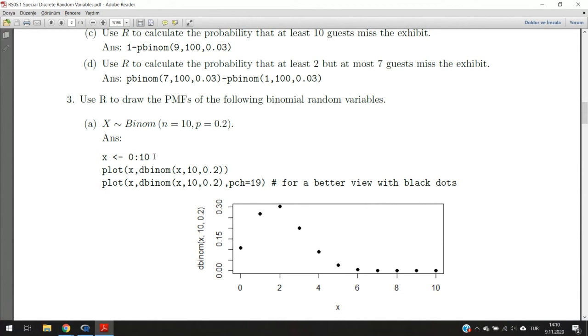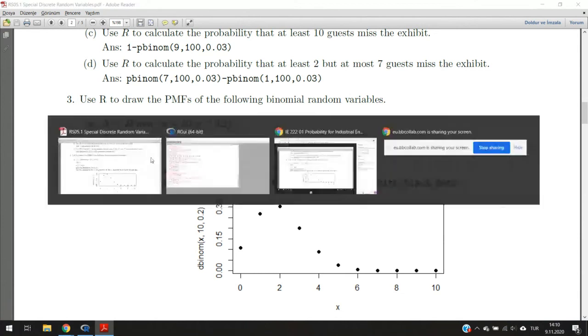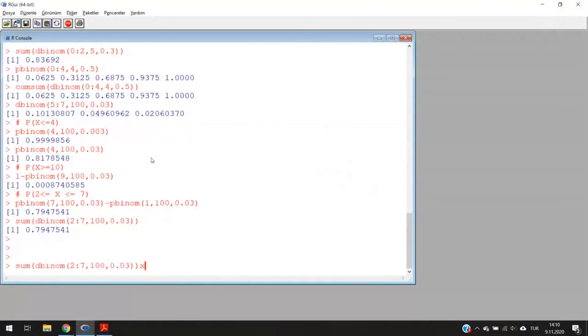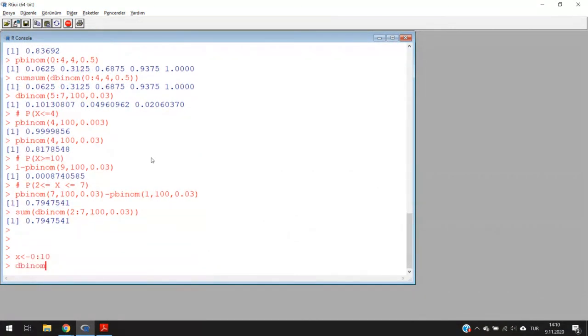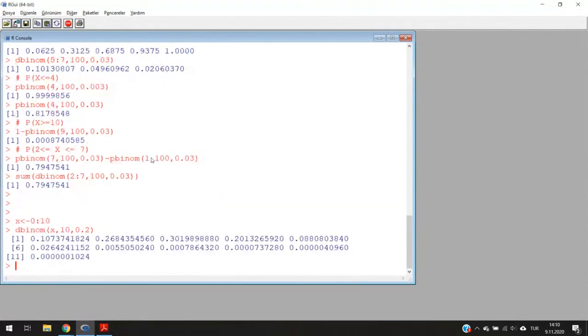So we can calculate the probability mass values for each of them. So let's just say x is a vector of integers from 0 to 10. And we can calculate the probability mass values for a binomial random variable here for all values from 0 to 10. And the size parameter will be equal to 10 and the success probability will be equal to 0.2. And this command then calculates all of these probabilities.